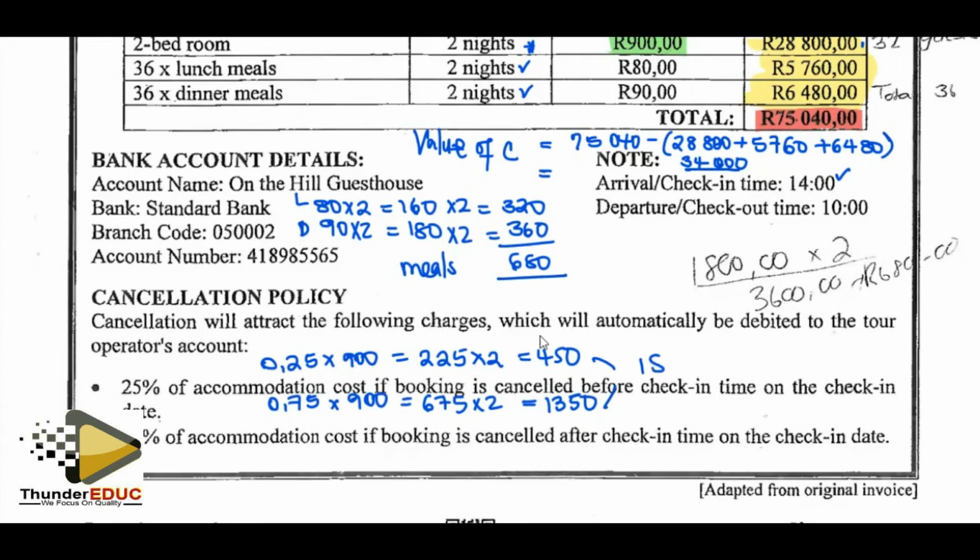So we added up the money for accommodation, which is 1,800.